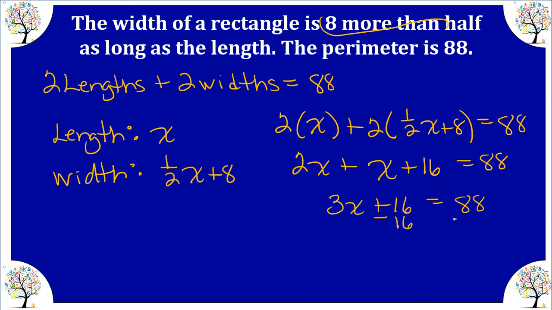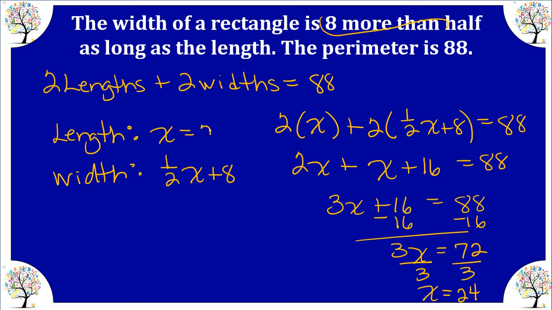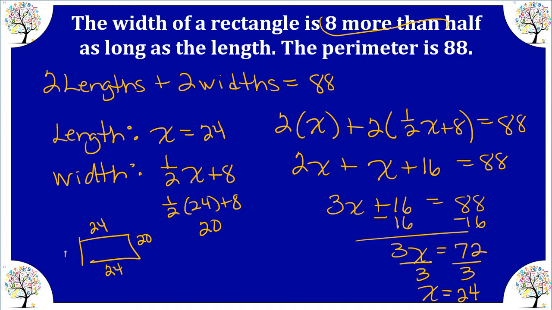Solve: subtract 16. And we're going to divide by 3. So x is our length, and it should be x is 24. So the length is 24, and the width is half of 24 plus 8, which is 12 plus 8 is 20. So our rectangle would have dimensions 24, 20, 24, and 20.